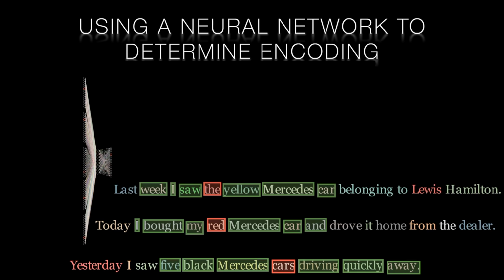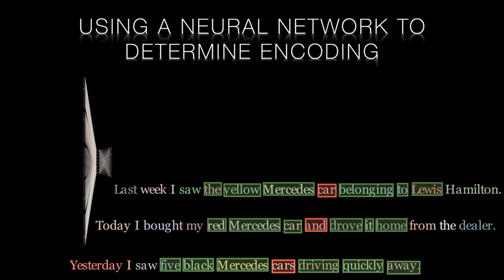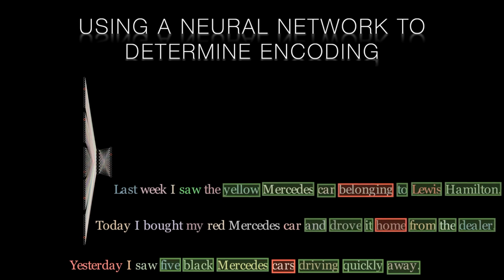We can slide our window so that we get a different target word and different input words each time. Similar words from similar sentences will be surrounded by similar preceding and following words. The backpropagation algorithm will relentlessly nudge and tweak the weights and biases.